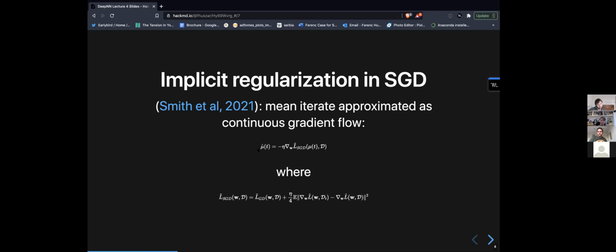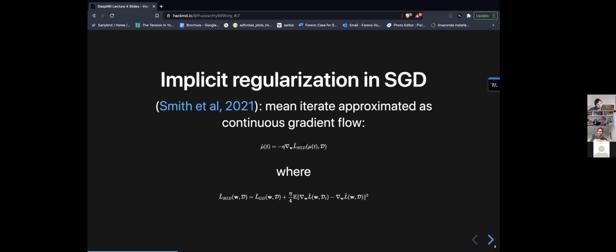And you can model stochastic gradient descent as this continuous flow, where the derivative of mu, the mean iterate, is minus some step size, nu or eta, times the gradient of a modified loss function. This L tilde SGD here is not the same as the empirical loss, but a modified loss function.